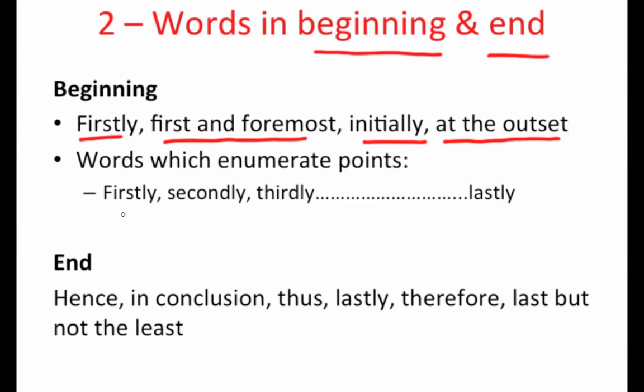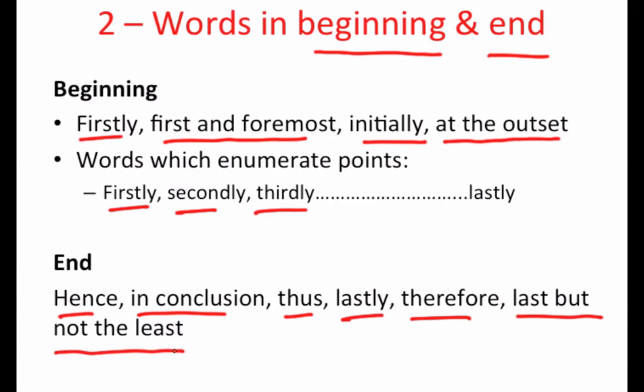There can also be words which enumerate, as in listing down and numbering points. So if you have a firstly and a secondly and a thirdly, that itself will give you an order. Ending also, if you have something like a hence or in conclusion, thus, lastly, therefore, or something like a last but not the least, these form as good ending statements, good conclusive statements.